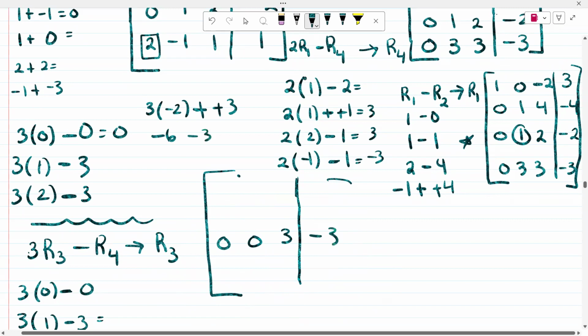Perfect. And then I didn't mess with row 2 or row 1 or row 4. So rewrite it. Row 2 was 0, 1, 4, -4. Row 1 is 1, 0, -2, 3. And row 4 is 0, 3, 3, -3.